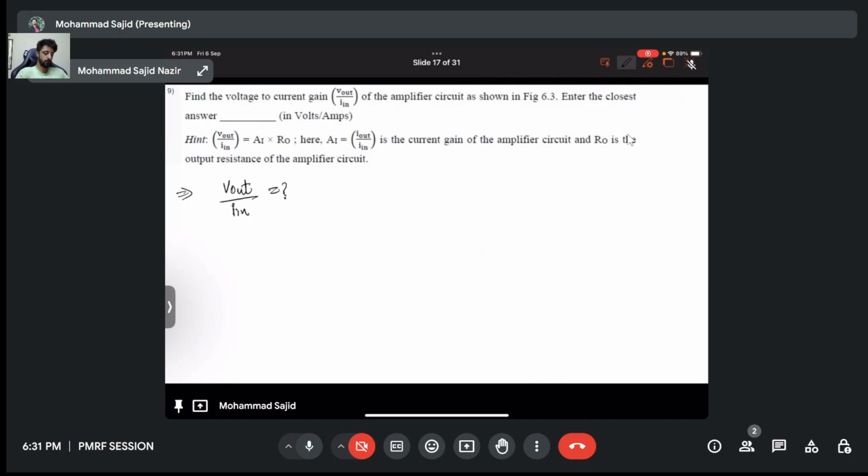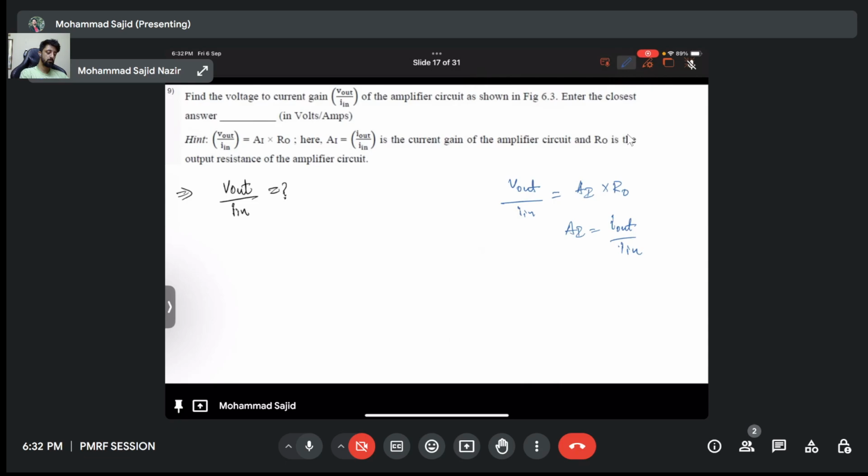Okay, so the hint is the output by I in, we can calculate it from AI multiplied by R naught, where AI is I output by I input.